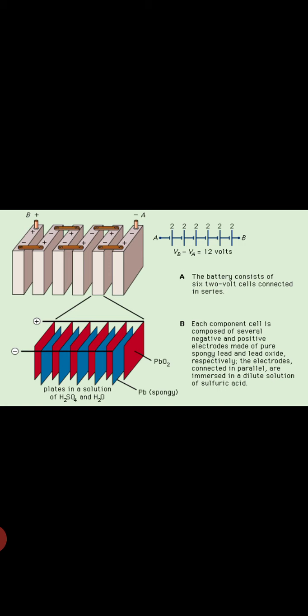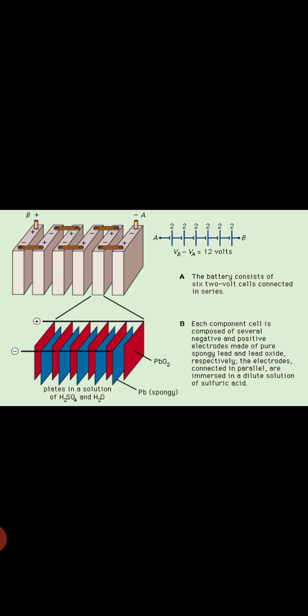And the positive is PbO2, which is red colored. Clear? So this is internally. You can see the compartments, and at the top also. In the different compartments plus and minus are written, and ultimately we have B positive and A negative. This is the internal setup.